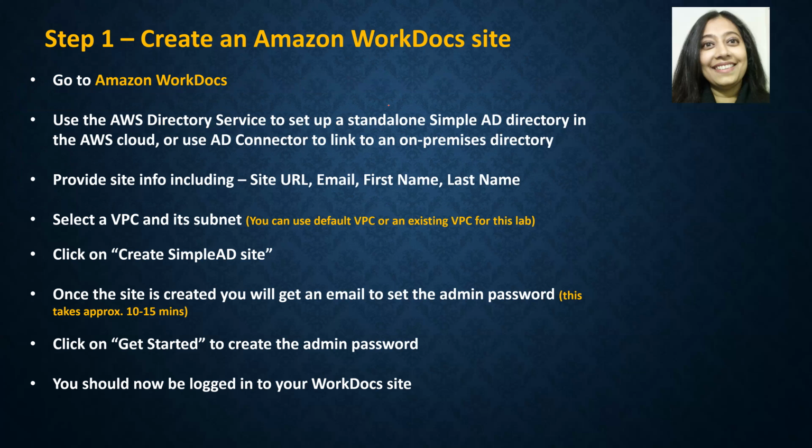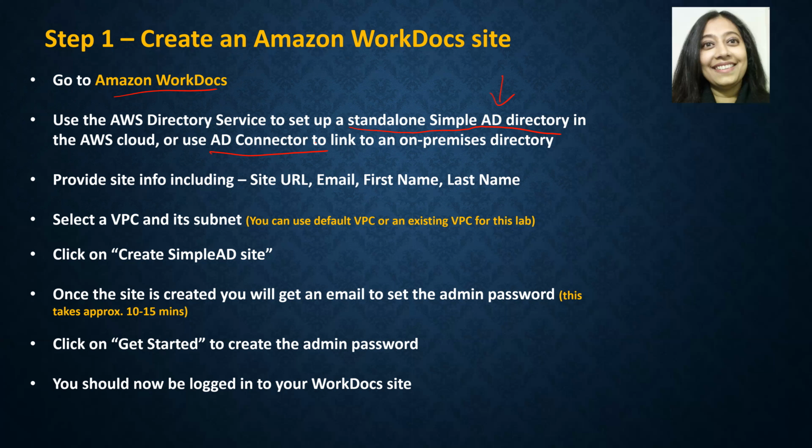Step 1. The first thing that we are going to do is create an Amazon WorkDocs site. So we will go to Amazon WorkDocs, and over here, you will see that you have two options. You can either create a standalone simple AD directory site, or you can leverage AD connector and create your directory as well.